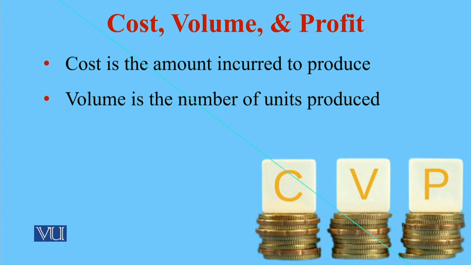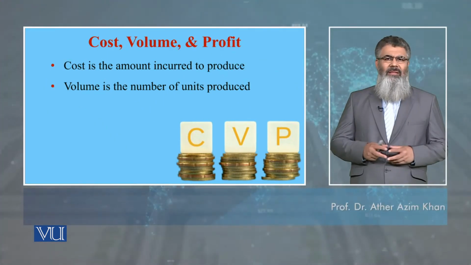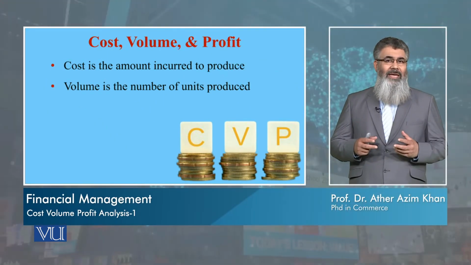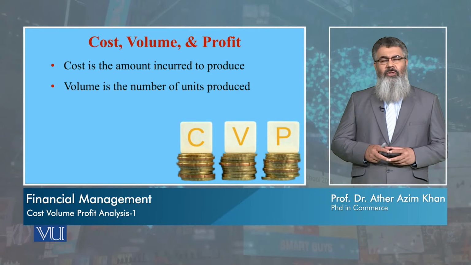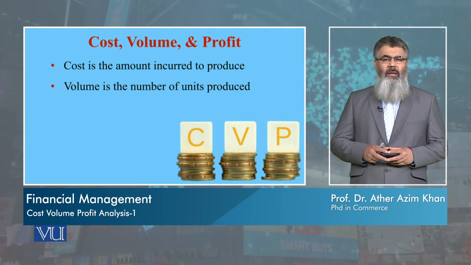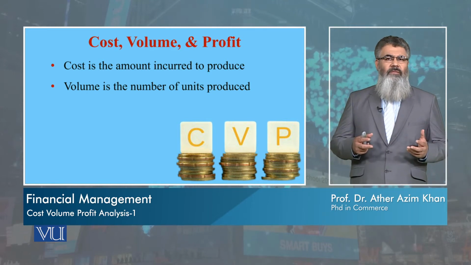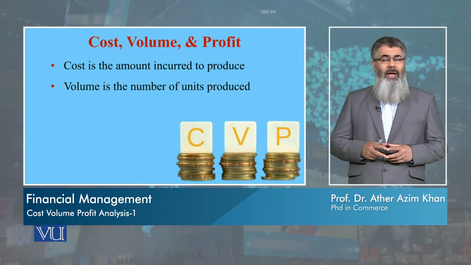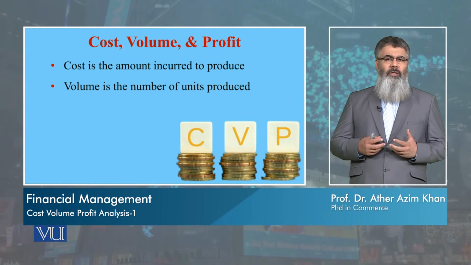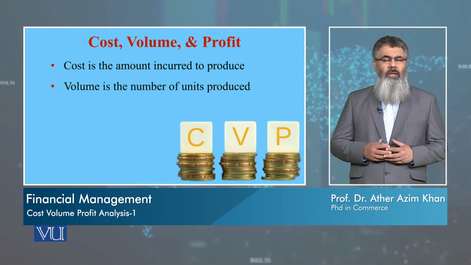Why is the volume element considered in this analysis? Because this is the key component in the discussion of CVP analysis. Higher volumes, that means more production in terms of number of units produced, actually reduce the per unit cost of the product.